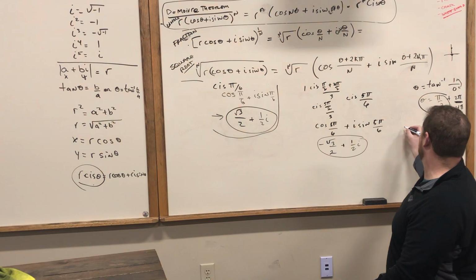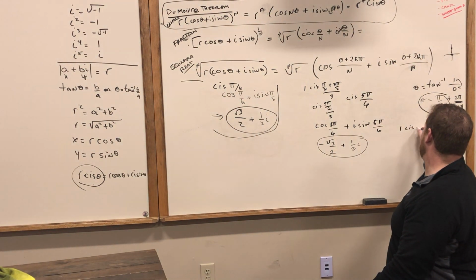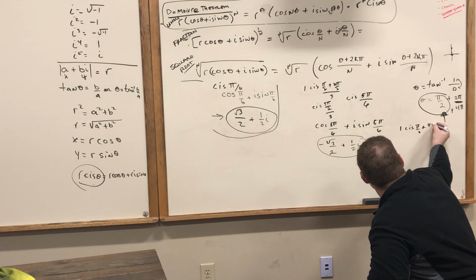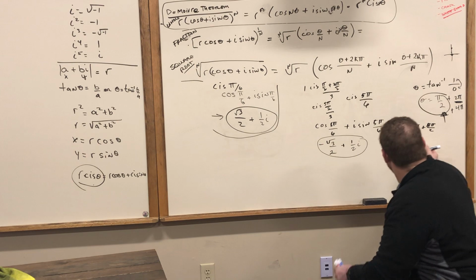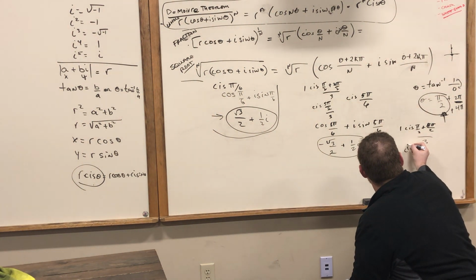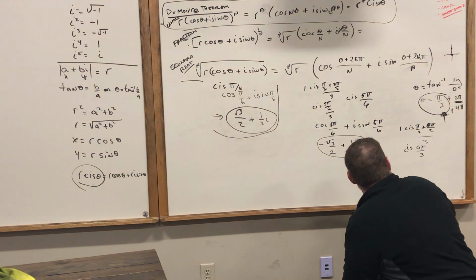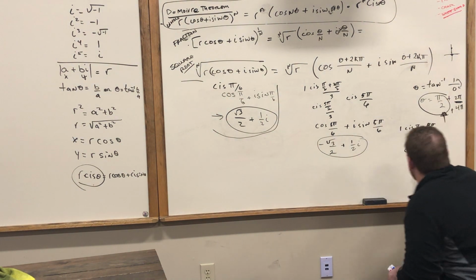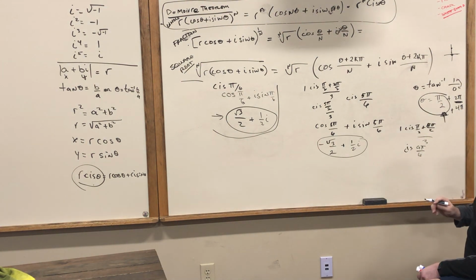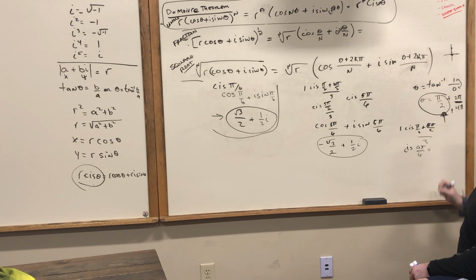Our third one, we have to add 4 pi to it. So it's going to be 1 CIS of pi over 2 plus 4 pi, which is really 9 pi over 2, over 3. So it's going to be CIS 9 pi over 6, okay, because you bring the 3 down. Well, what's that reduced to?